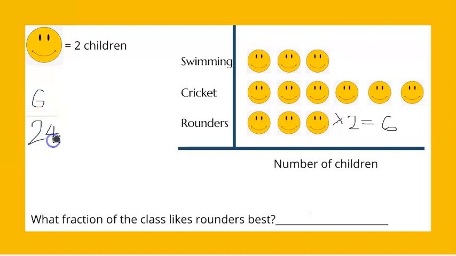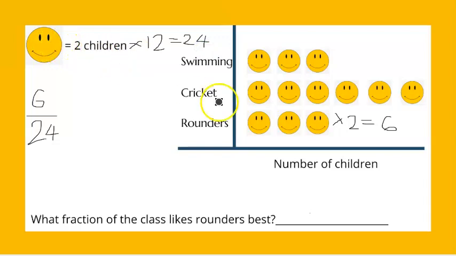Remember, we got 24. We counted 1, 2, 3, 4, 5, 6, 7, 8, 9, 10, 11, 12. 12 times 2, because 2 children represent 1. We have 12 times 2, which equals 24.